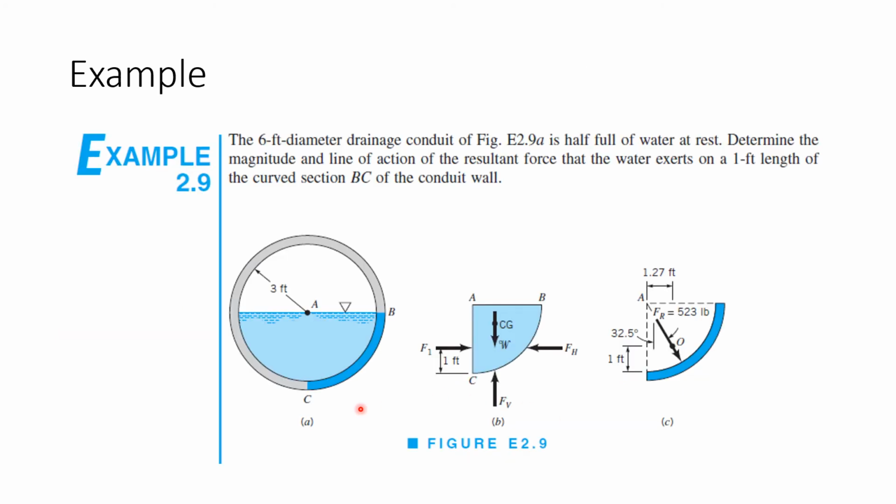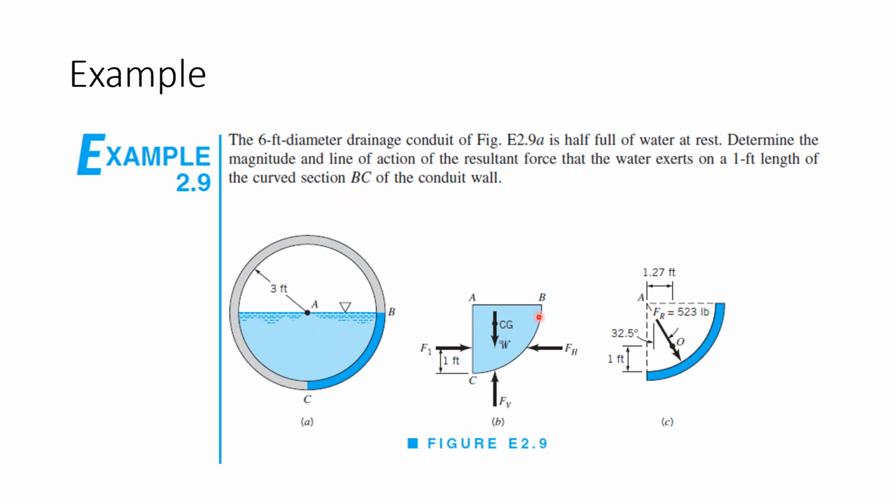So we'll move towards the first problem, and the problem says the 6 feet diameter drainage conduit, as shown in the figure, is half full of water at rest. Determine the magnitude and the line of action of the resultant force that the water exerts on a 1 feet length of the curved section BC of the conduit wall.